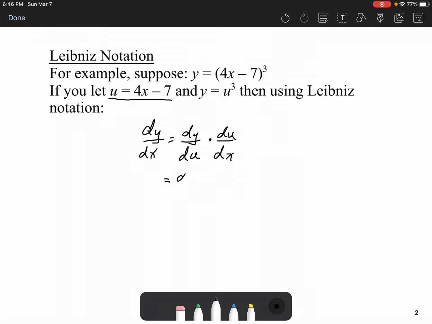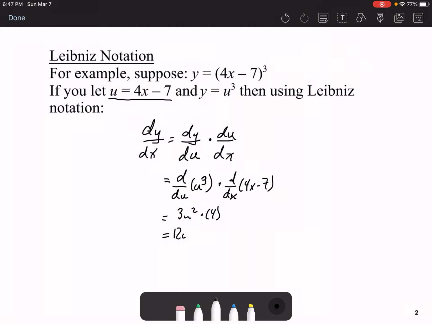Well, y in this case is u cubed, and u in this case is 4x minus 7. So the derivative of u cubed is 3u squared, and we multiply by the derivative of 4x minus 7, which is just 4.